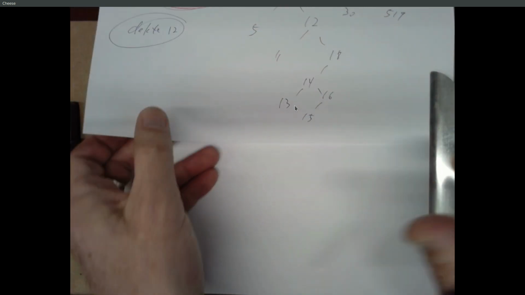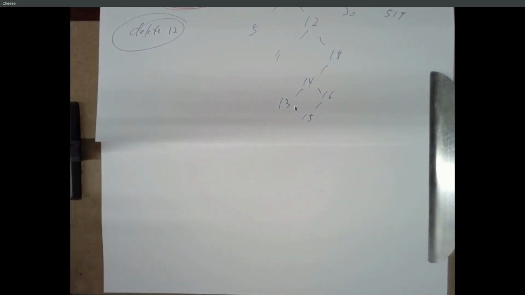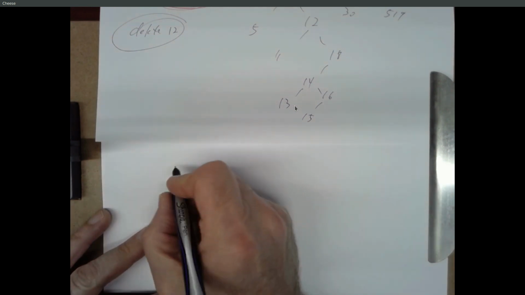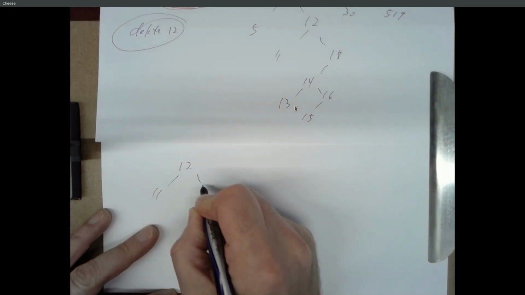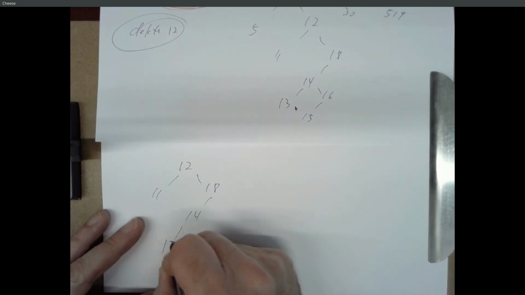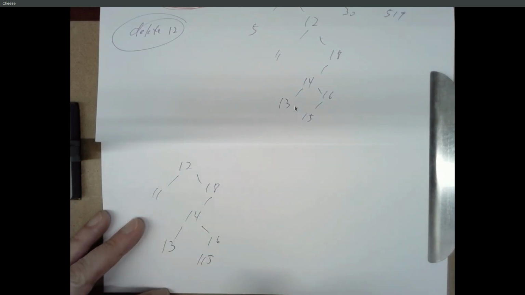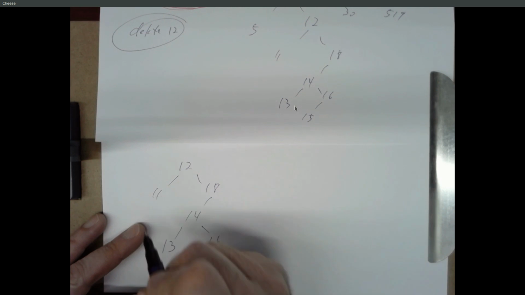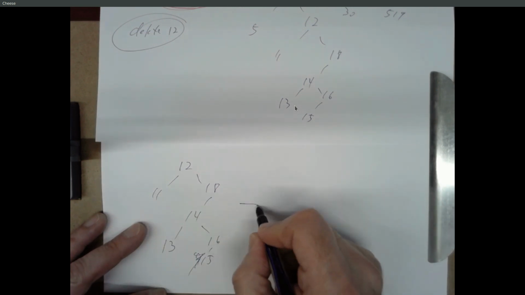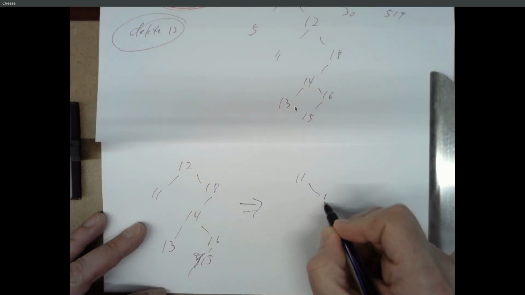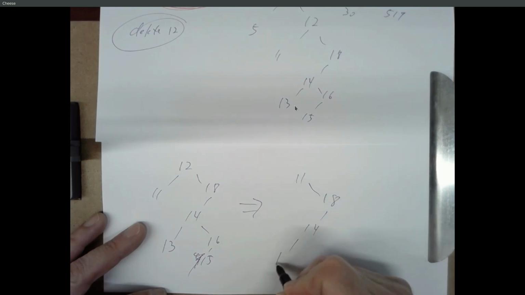Ultimately, it's going to find the 12, and you're going to recurse, and at some point you're going to say, delete 12 from this tree. And so it's going to say, okay, find the largest thing on the left, that's 11. Make that the root. So 11, 18, 14, 13, 16, 15.